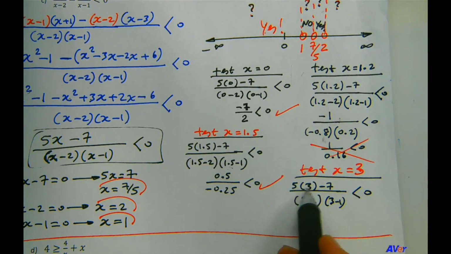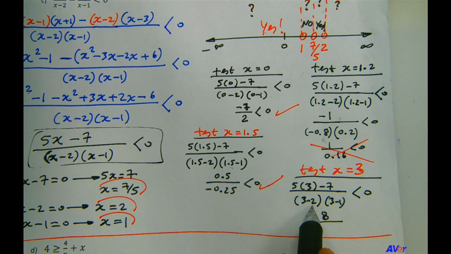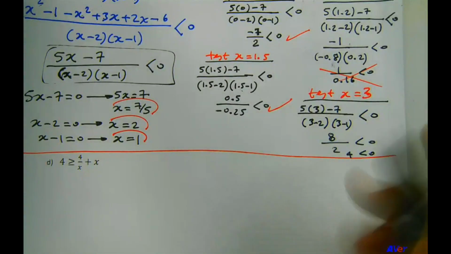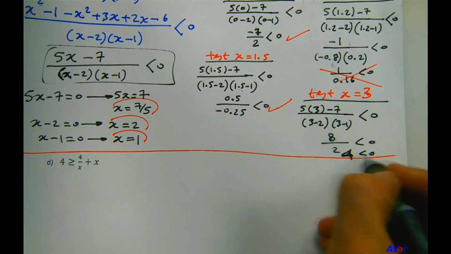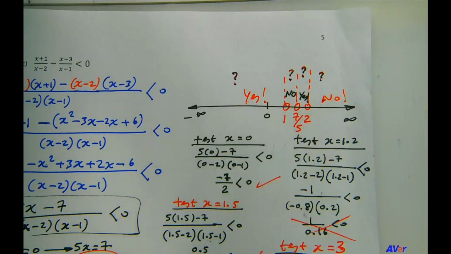We have 5 times 3 is 15, minus 7 is positive 8, divided by 3 minus 2 is 1, 3 minus 1 is 2, both positive. 1 times 2 is 2, so 4 less than 0. Is that result acceptable? Is 4 less than 0? No, that result is not acceptable. So this region is no solution.